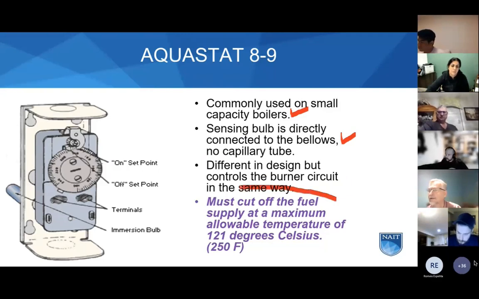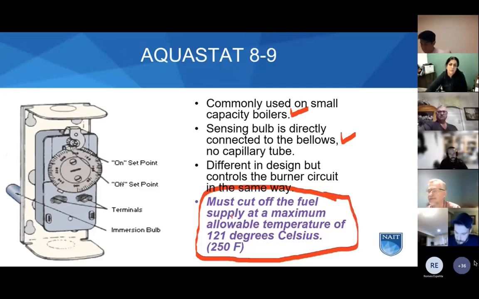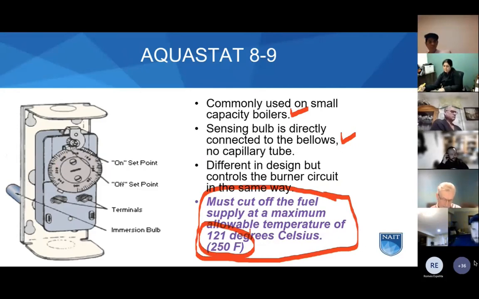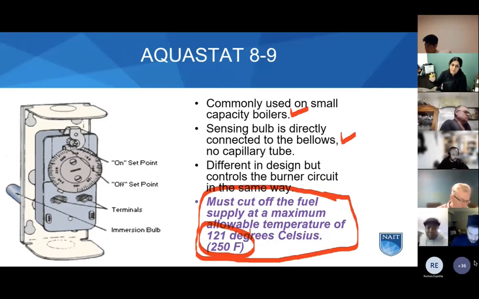And it will cut off the fuel supply at a maximum allowable temperature of 121. So these things can be set wherever you want to operate, but you can't operate it above this 121. And if you go to page number 3-4, remember I said I have a big, you'll see that a hot water heating boiler must not exceed 121 degrees.